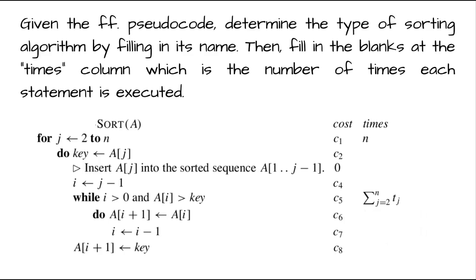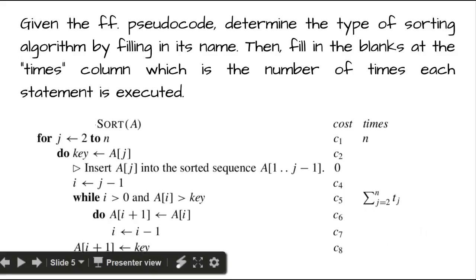Then we have our solved problem like this one. Given the following pseudocode, determine the type of sorting algorithm by filling in its name, then fill in the blanks at each times column, which is the number of times each statement is executed.